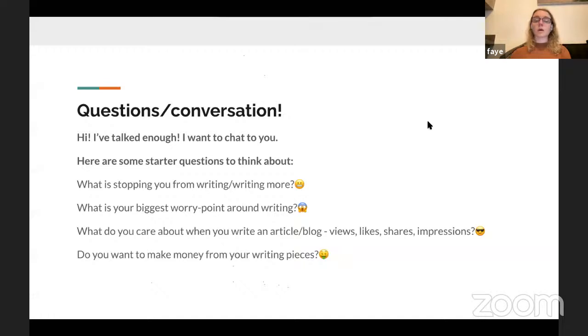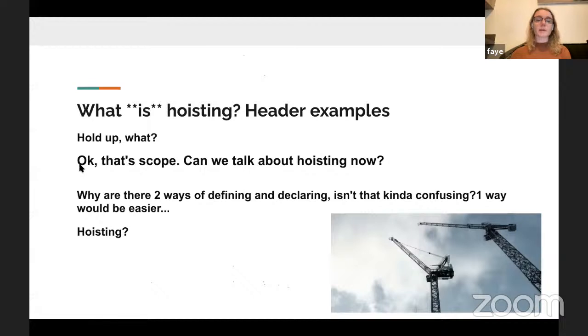So I gave some examples. I mean, this is my hoisting article that was just to explain the concept of hoisting, which is just a JavaScript thing. It's a bit of a bug, really. Explain it to newbies.